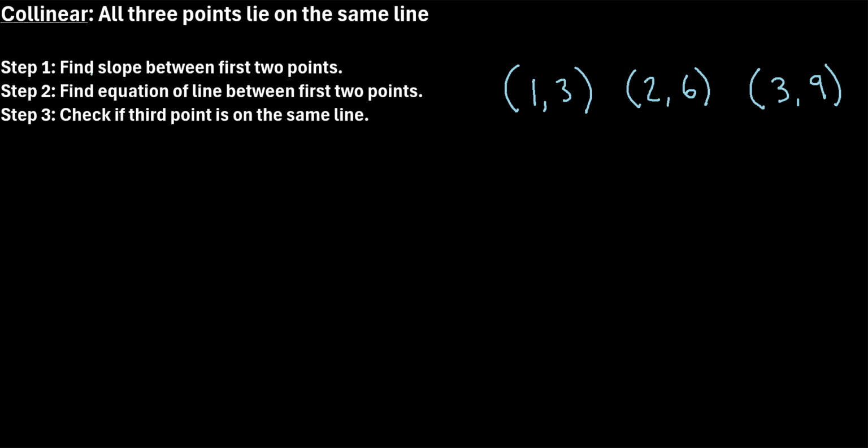Well, the first step is we need to find the slope between the first 2 points. So let's just focus on these 2 points right here. If we label these points x1 and y1, and these ones x2 and y2, we can figure out the slope between these 2 points by using the following equation. m is commonly used to represent slope. m is equal to y2 minus y1 over x2 minus x1.